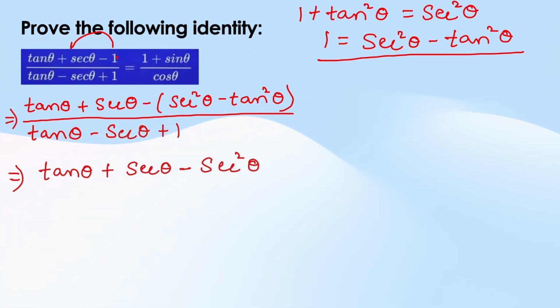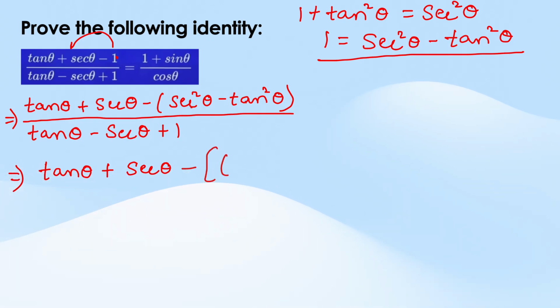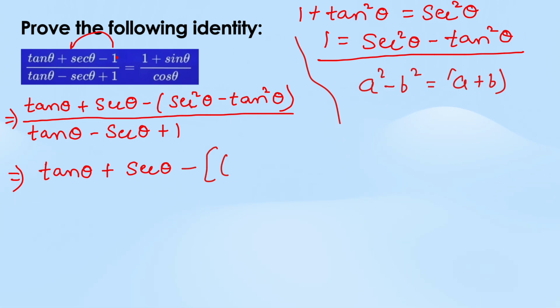Okay, let's keep it as it is only. I'm not changing it. So I can directly write it as, this is a square minus b square. It means a plus b, a minus b. This identity, a square minus b square is a plus b into a minus b. In place of a, secant square theta is written. In place of b, tan square theta is written.